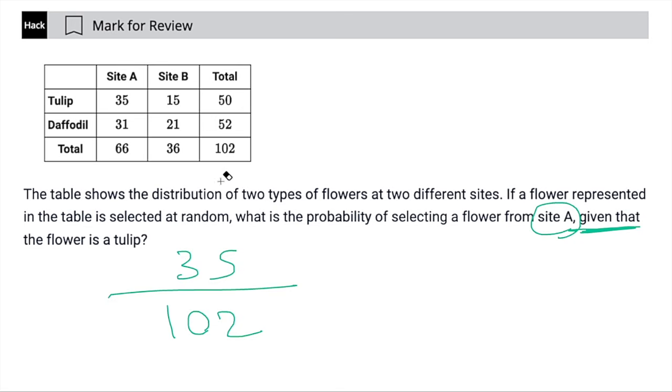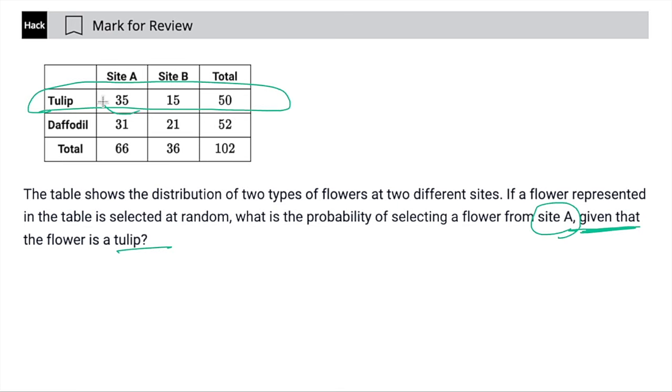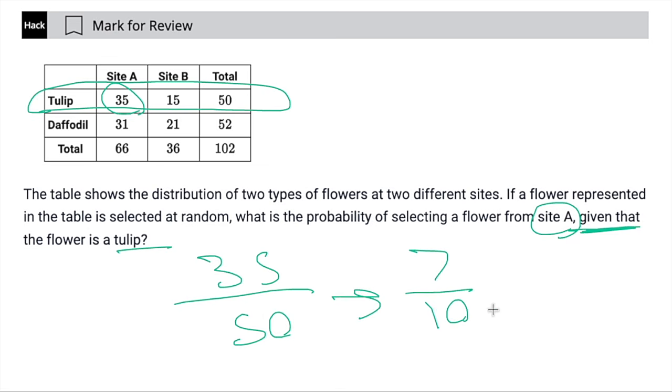Instead, we need to keep in mind that "given that" is going to apply not just to our desired, but to our total. We're saying the population we can draw from is going to be only tulips. So instead we're looking here, and we get 35 out of 50, which would simplify to 7 out of 10, or just 0.7, which is our real answer for this one.